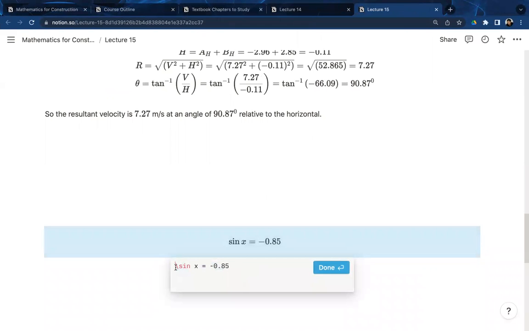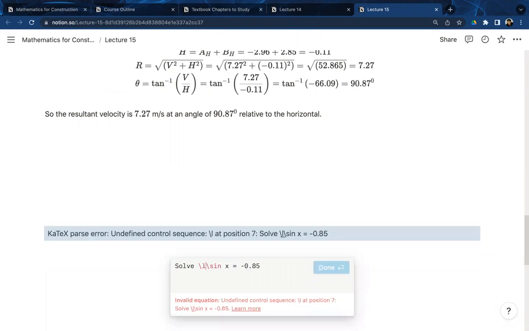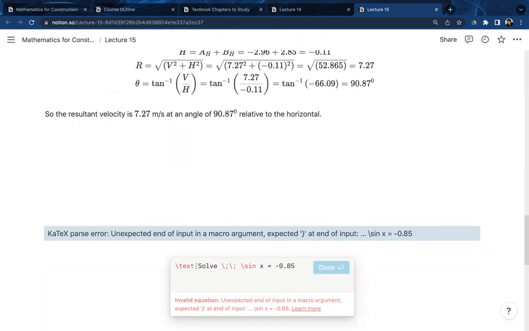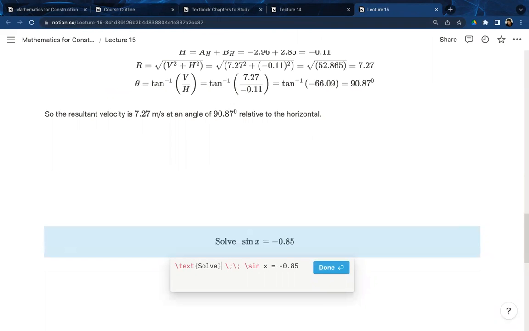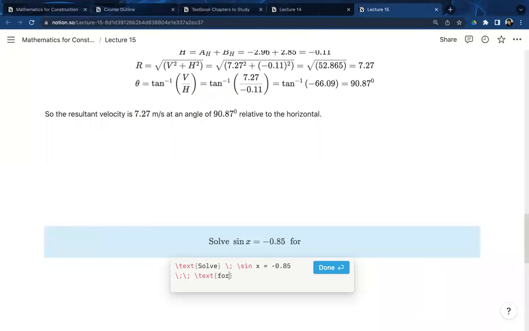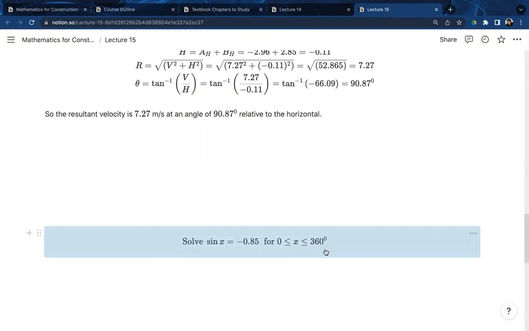They'll say something like, solve this equation here for x, where x is some angle between 0 and 360 degrees.